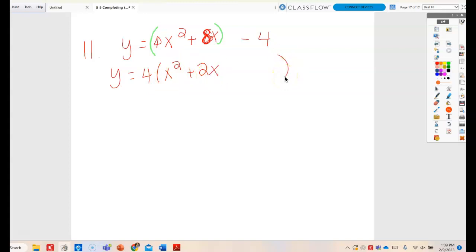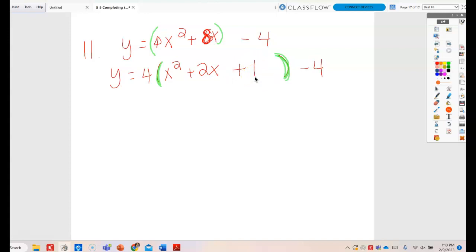And again, I want to complete my square within this area. So 2 divided by 2 is 1. 1 squared is 1. Now, that's what you add inside the parentheses.